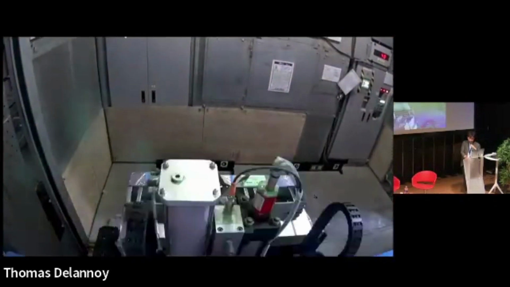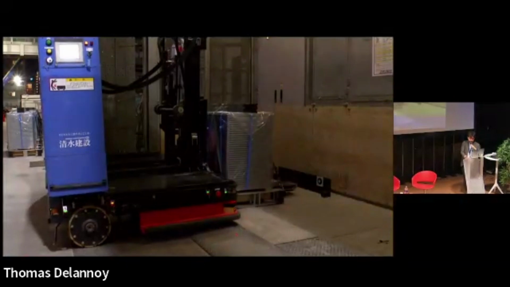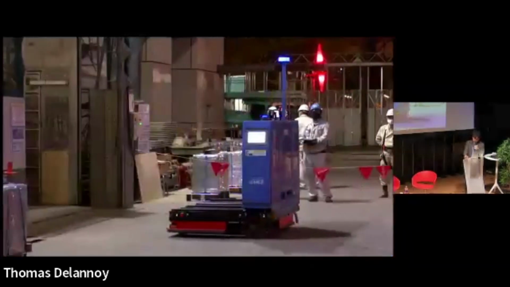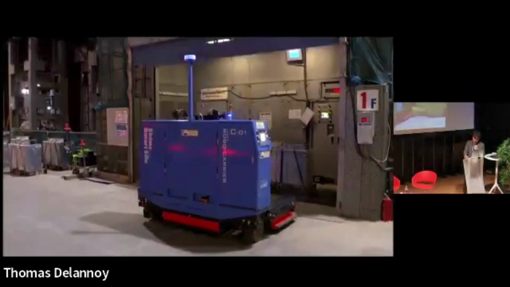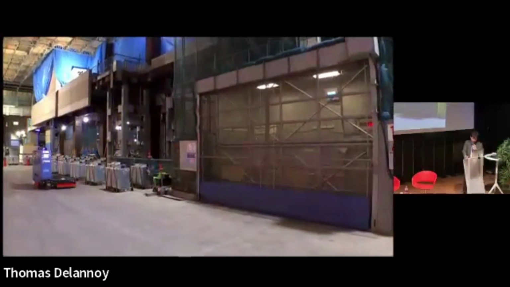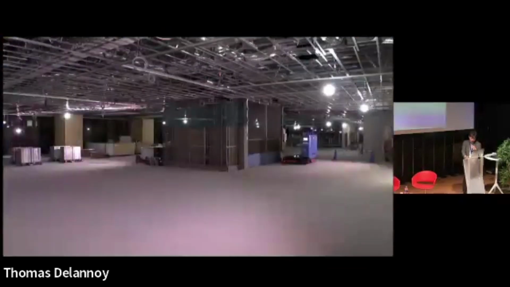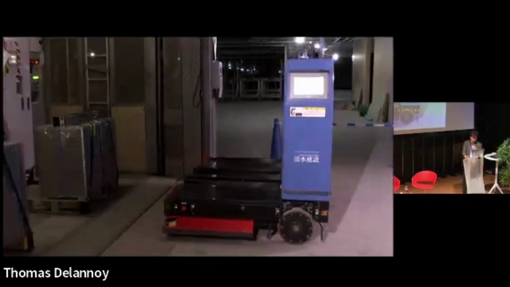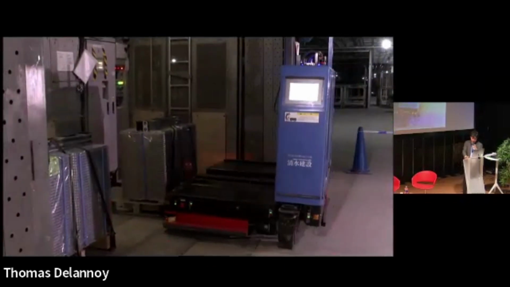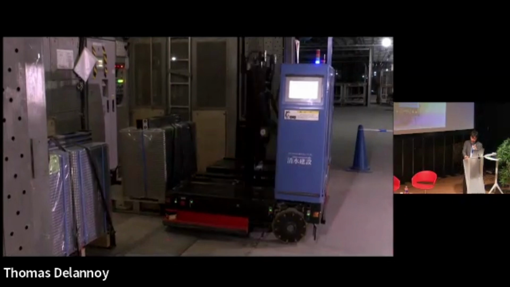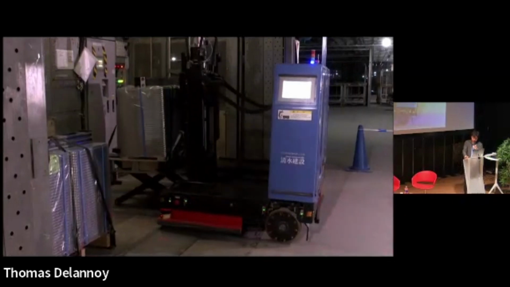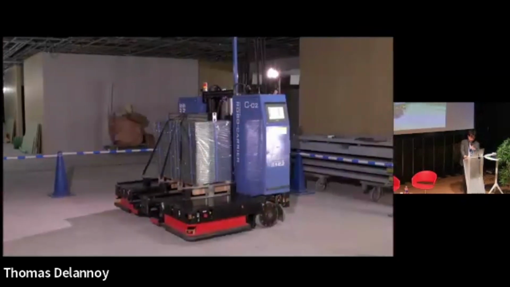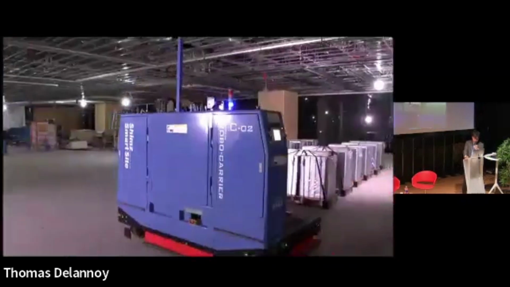Materials are placed on the elevator. The elevator automatically moves to the upper floor, and the trolley waiting on the upper floor takes out the materials. And then the trolley places it.